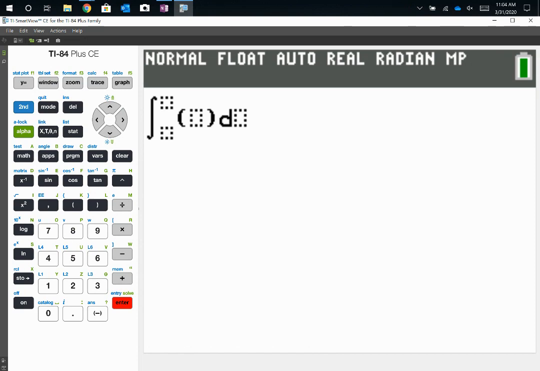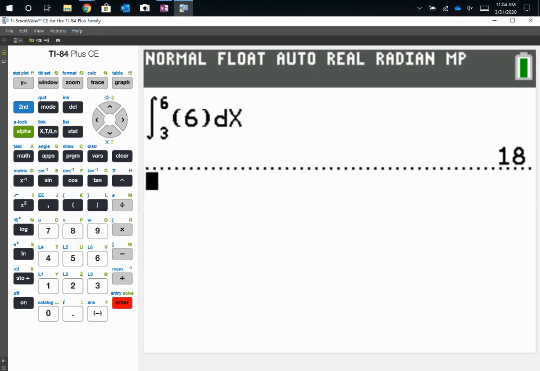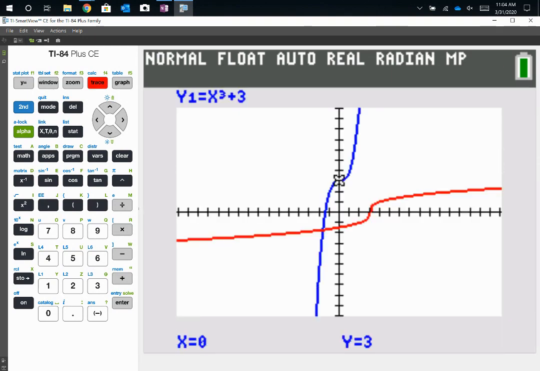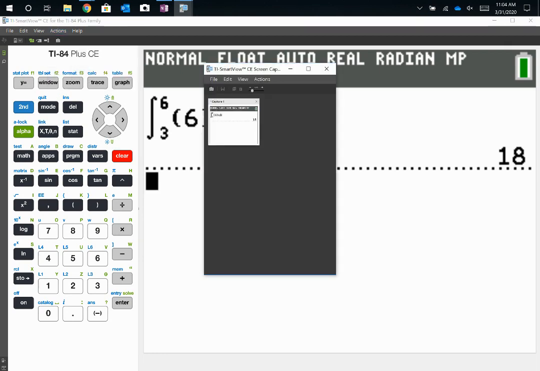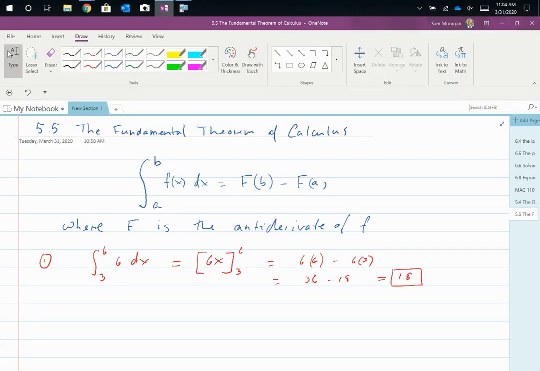You can type in values: we're taking the integral of 6 with respect to x, and it will bring out the answer for you directly. Good to know this information so you can use it to verify that your answers are correct.